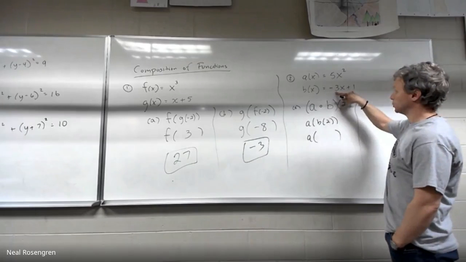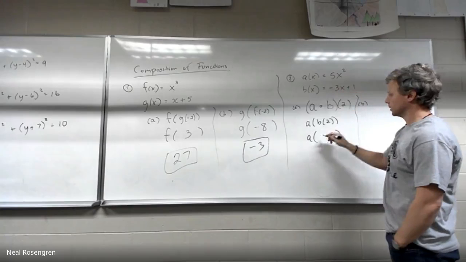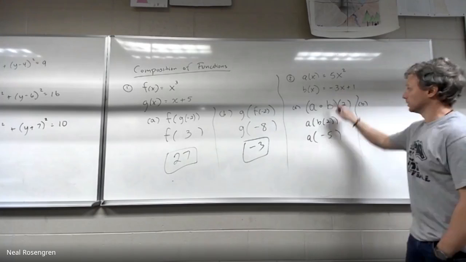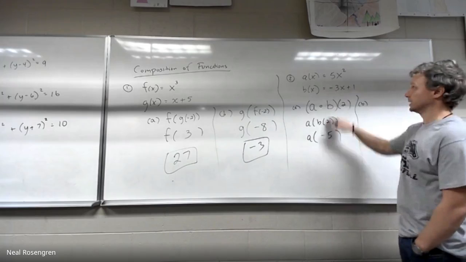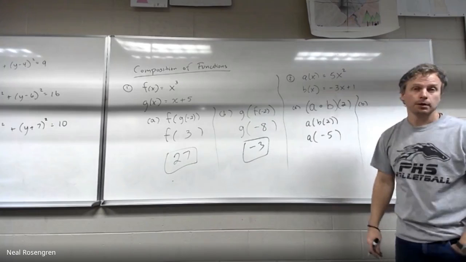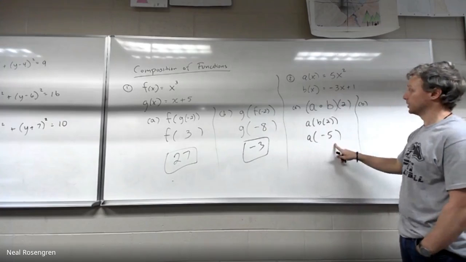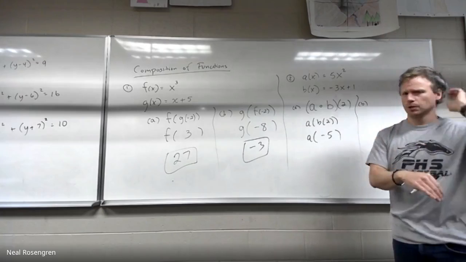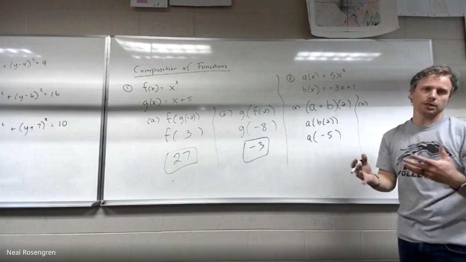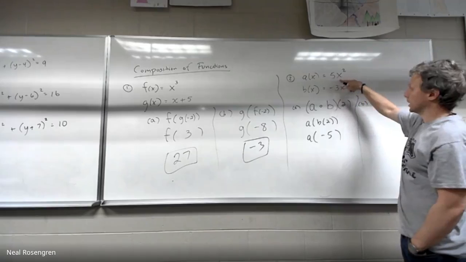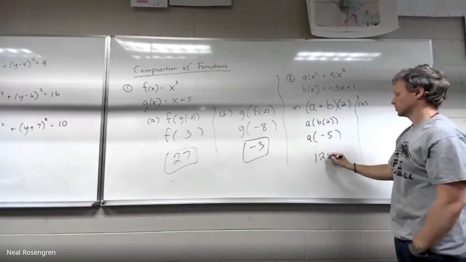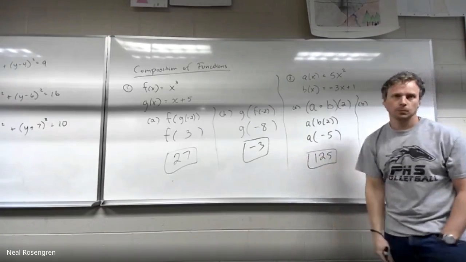Okay, B of 2, drop in 2 right there, you get -5. Right, -3 times 2, -6 plus 1. And then take -5 and drop it in up there and see what you get. Okay, A of -5. So there's 2 levels. You do one evaluation, see what you get, and you just do another. Okay. So -5 in here, 5 times 25, so 125.